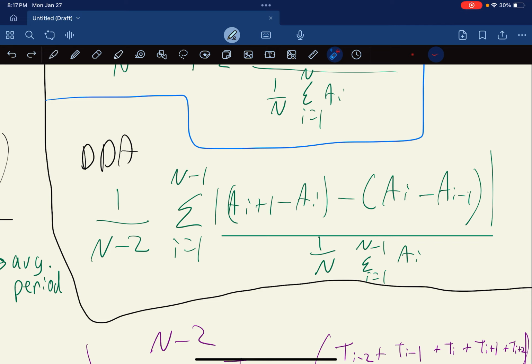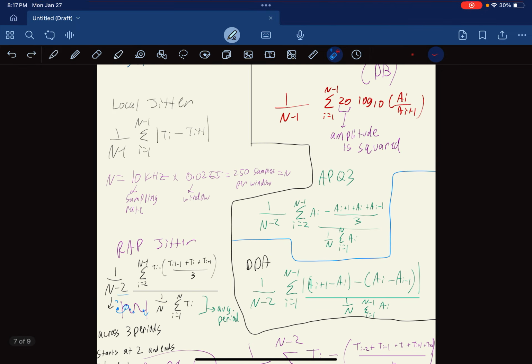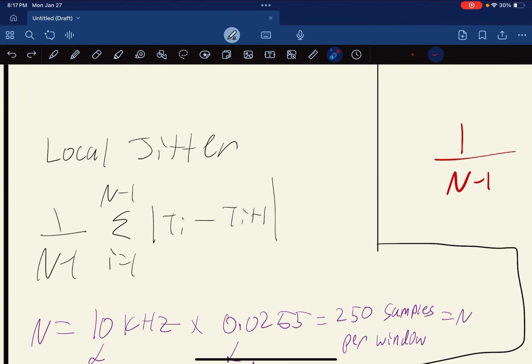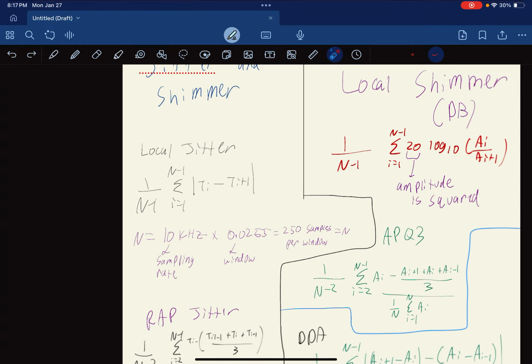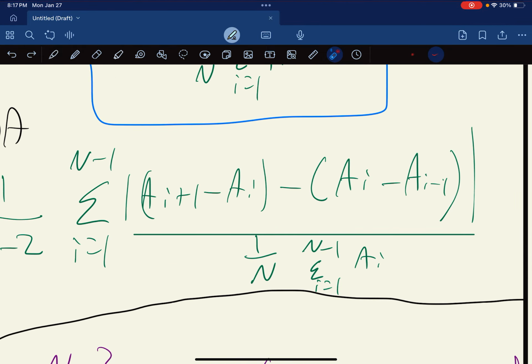Think of this as the second derivative. Jitter and shimmer, you can think of as like a first derivative, like a slope, a rise over run, a change of y over change in x, that sort of thing. This is like the change of the change.